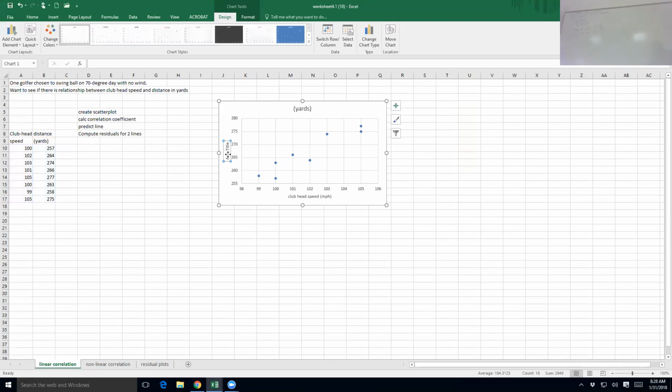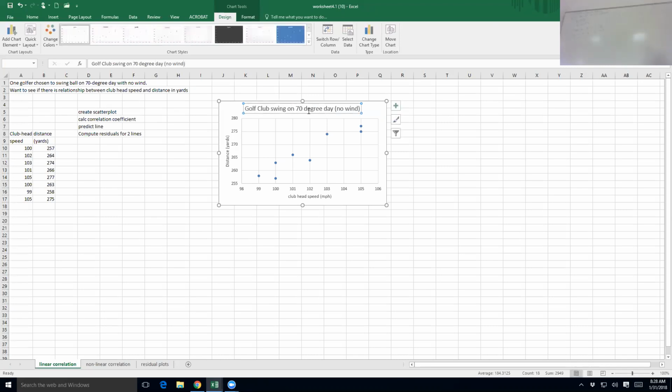And this is what? Distance, which is in yards. Okay. And this is golf club swing on 70-degree day with no wind.